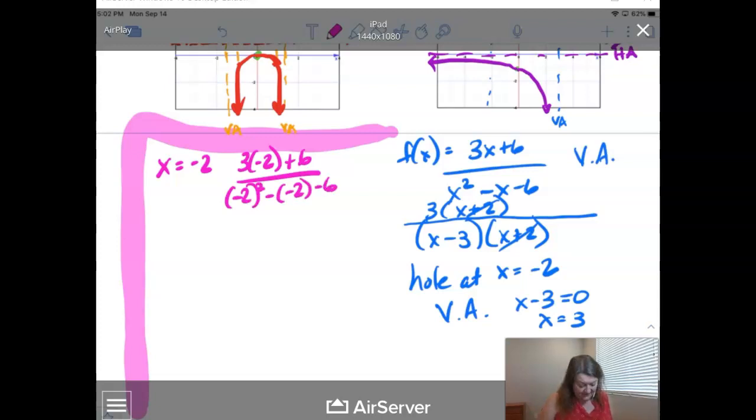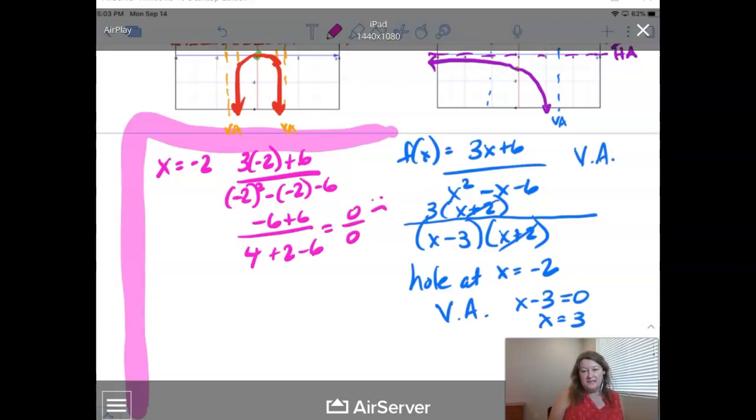And if I simplify that, I'll get -6 plus 6 on the top. And if I do that on the bottom, I will end up with 4 plus 2 minus 6, which is 0 over 0.